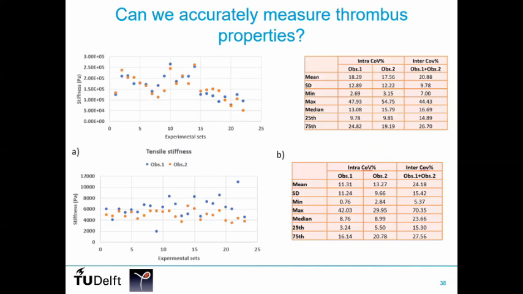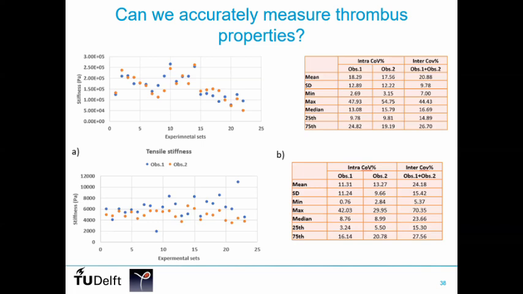This is stiffness, I think, again, the high strain stiffness. Yes, high strain stiffness for each sample, and then the average value for observer 1, observer 2. And fortunately, you can see that there is a quite strong correlation. But you can also see that some of them are really very close, and some of them are a bit further apart.